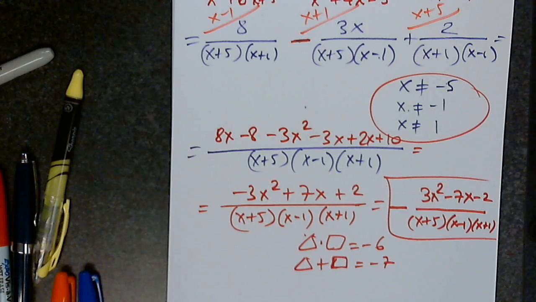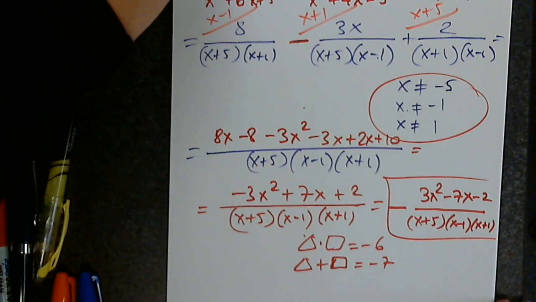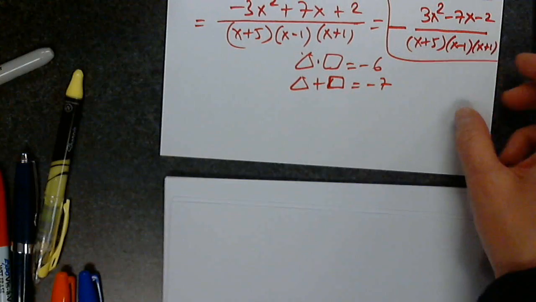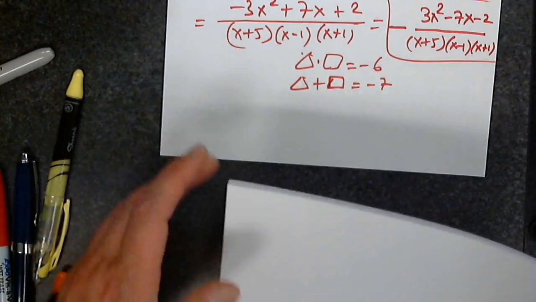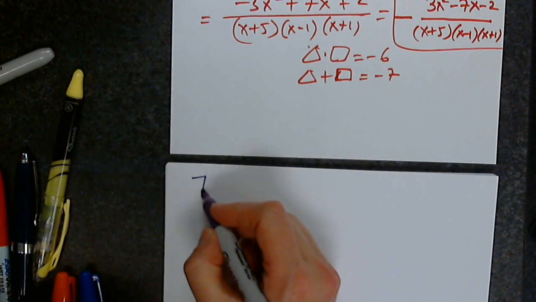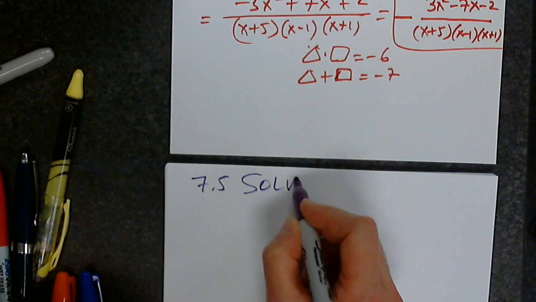I would like to move on to 7.5 because this is basically the same thing. Just a slight difference, or addition, I should say, not difference. Addition to what we've just worked on. Okay, this is section 7.5. Solving.